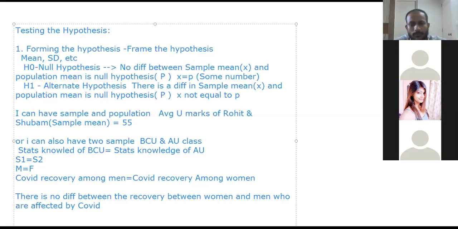That means I meant to say that men and women are equal when it comes to the recovery of COVID. But is that the case?